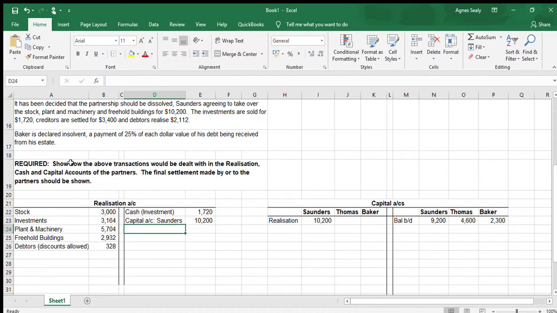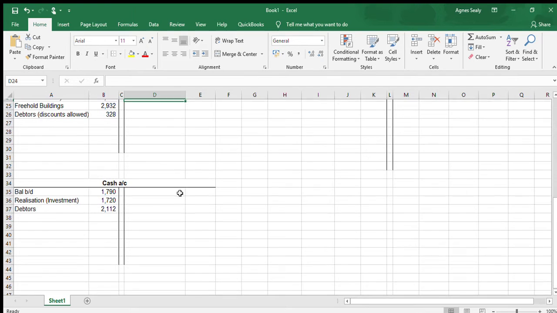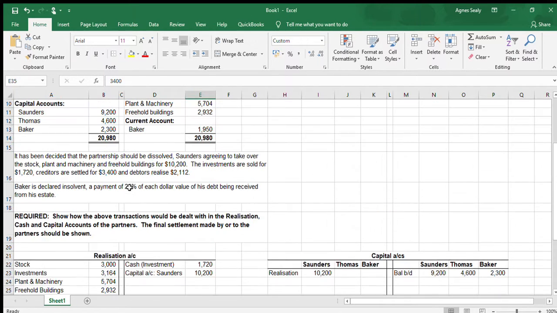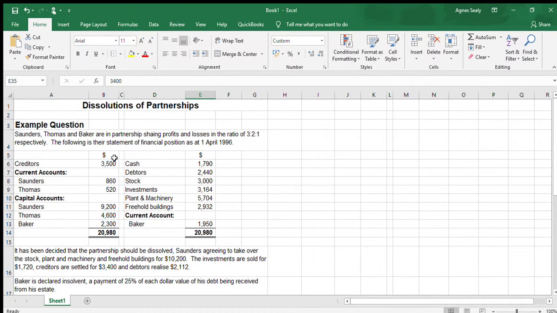So since we're paying our creditors $3,400, we are going to credit the cash account for this $3,400, and the creditors' account would be debited for this $3,400.